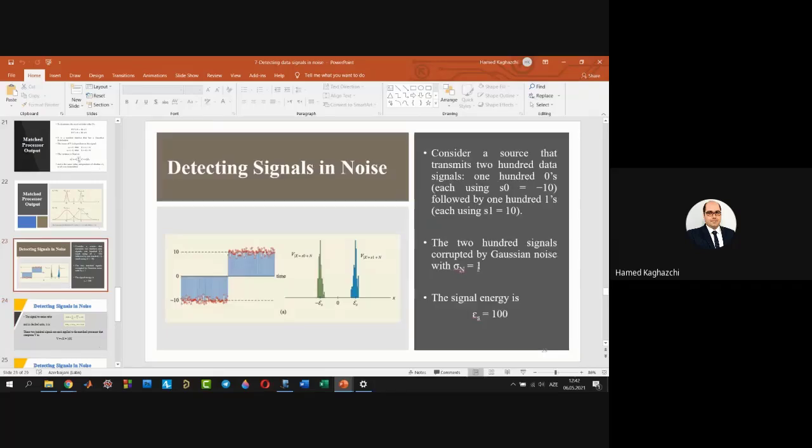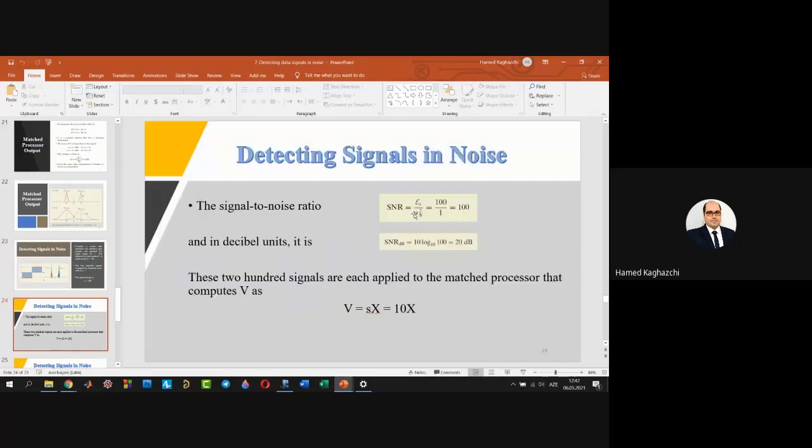Because the standard deviation is 1, the variance will be 1. 100 divided by 1 is equal to 100. In decibel unit it is 20 decibel. The logarithm form of this 100 can be represented as decibel: 10 to the power of 2, log of 10 to the power of 2, the 2 comes here, 2 will multiply by 10, which is equal to 20, and log 10 of 10 is equal to 1.